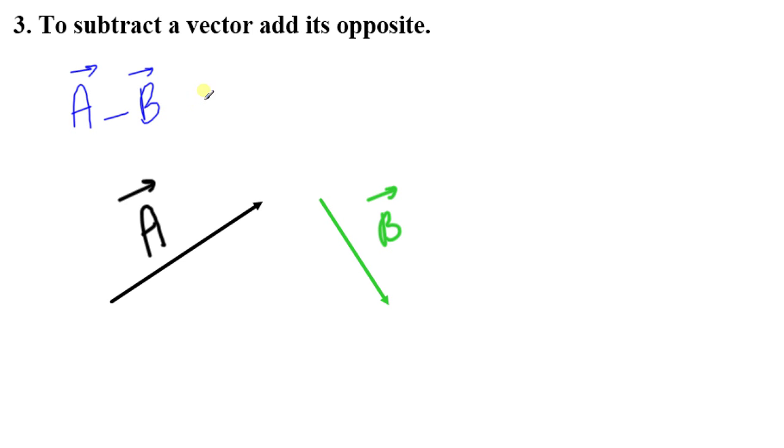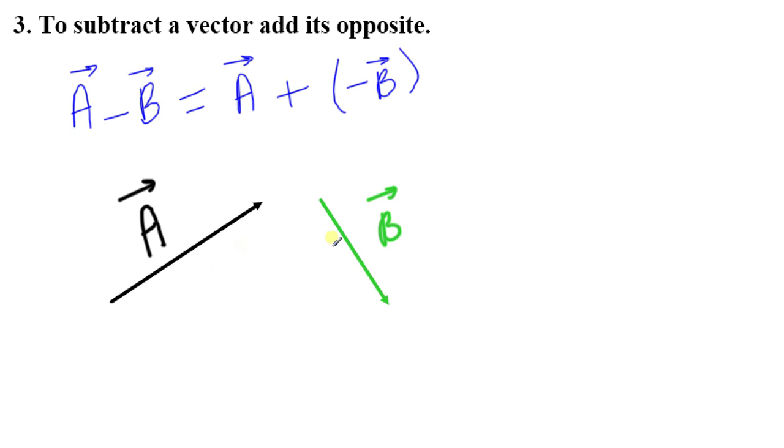So we can do a little trick here, which is changing the subtraction into addition, but taking B as minus B. So A minus B is the same as A plus minus B. So now instead of subtracting A and B, I add A and minus B. Minus B is a new vector, the same as B, but the only difference is in the direction. The direction of minus B is opposite to that of B, and the magnitude is the same.